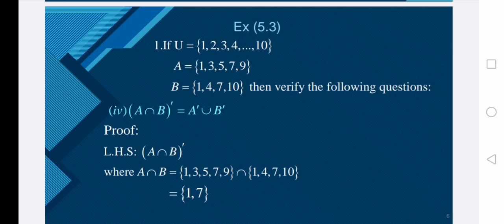The intersection of these two sets will be 1 and 7, since 1 and 7 are the common elements in A and B. Now since we have A intersection B, we can find its complement. What we have to do is to find the difference of the universal set and this A intersection B.